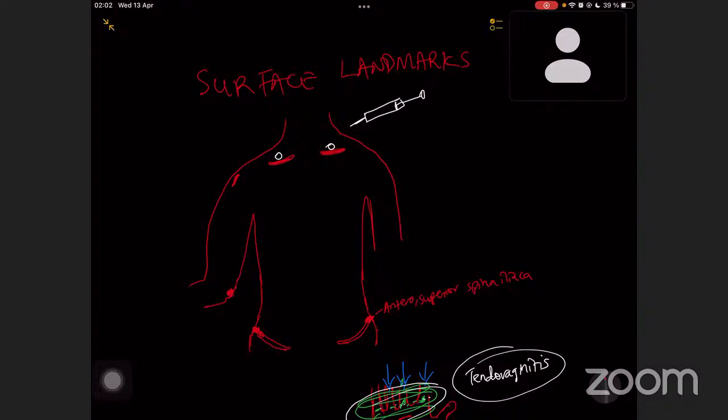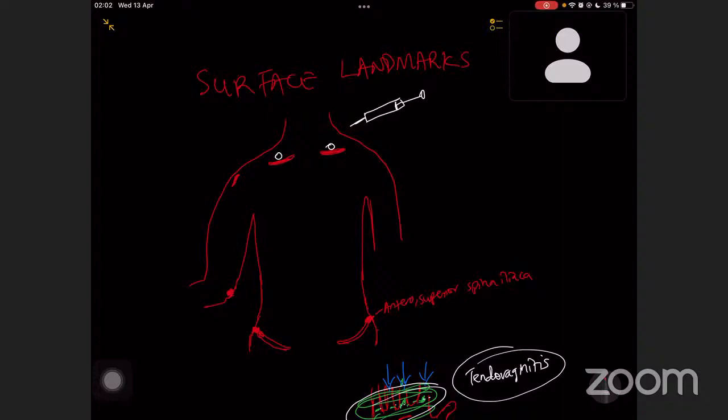For example, the neurovascular fascicles, the nerves and the blood vessels that normally travel together. Where are they? How can we understand their pathway?